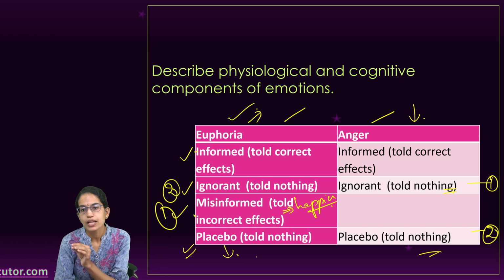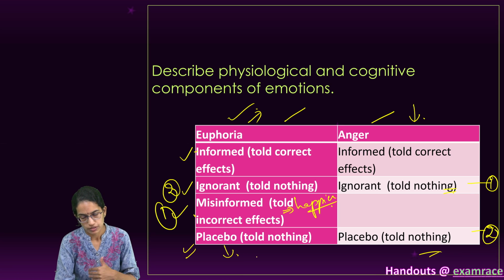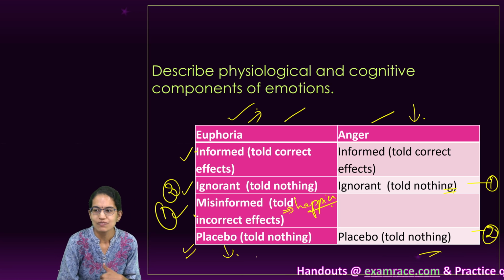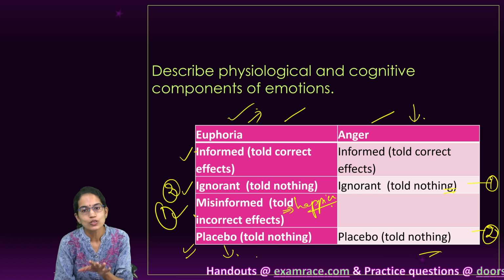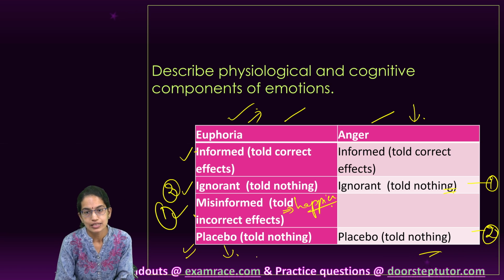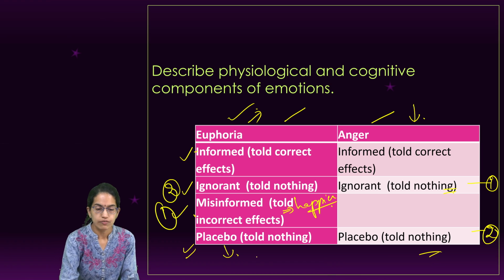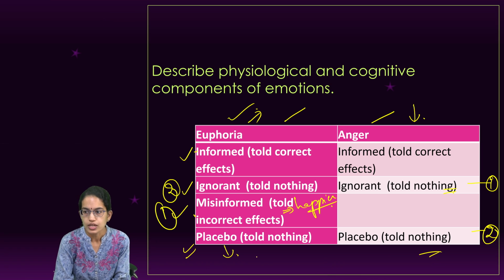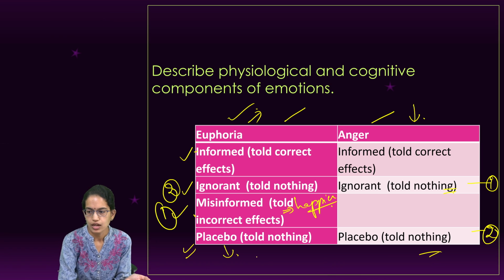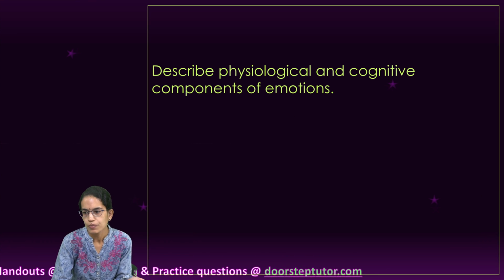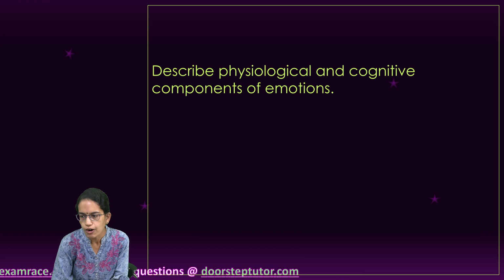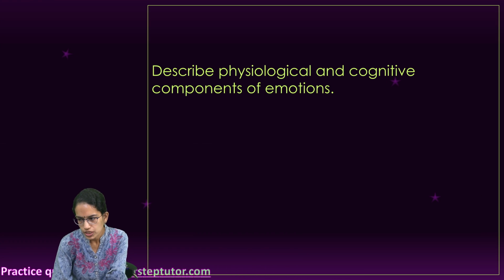We just label our arousal according to the cognitions we have received. As we receive the cognition, we label our arousal, and that is what is explained under the Schachter-Singer theory. This is a very important, very basic question asked from this section.